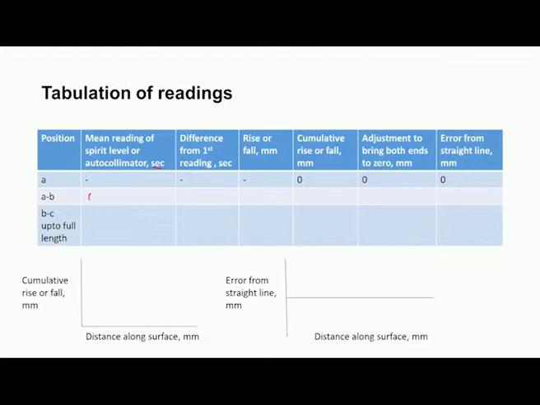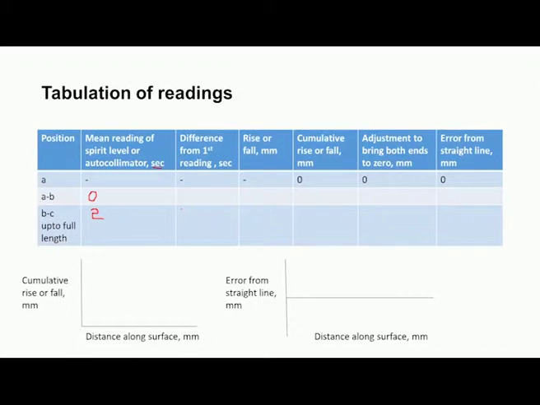If say the AB reading is 0 and at BC say it is 2, then the difference from first reading is 2.